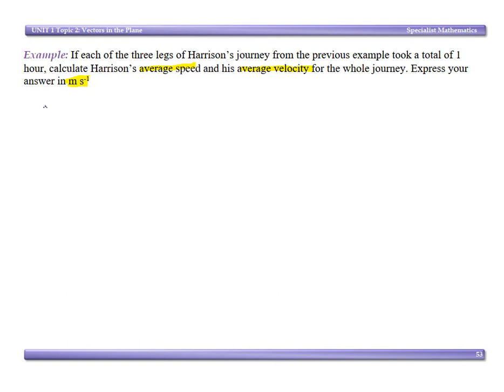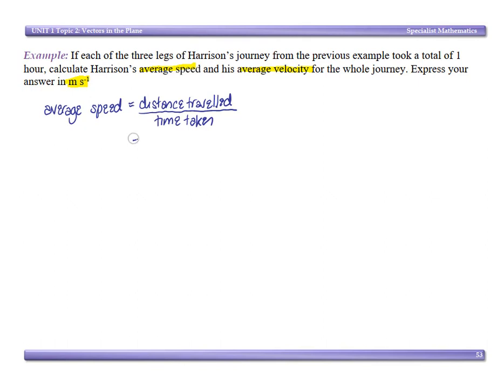So average speed is equal to distance travelled over time taken. In the previous example, our distance travelled was 23 kilometres, and our time taken, if it's an hour for each leg, we've got 3 legs, so that's 3 hours.